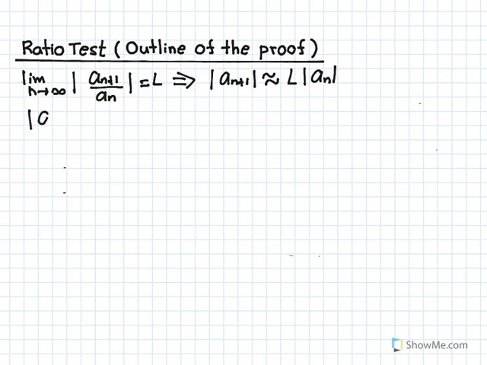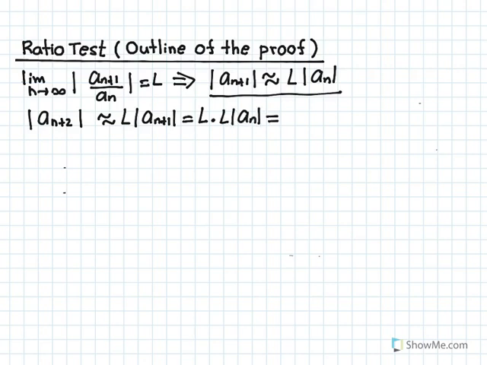Similarly, the absolute value of a sub n plus 2 is approximately equal to L times the absolute value of a sub n plus 1. But the absolute value of a sub n plus 1 is equal to L times the absolute value of a sub n. So this will give us L times L times the absolute value of a sub n, which is L squared times the absolute value of a sub n.